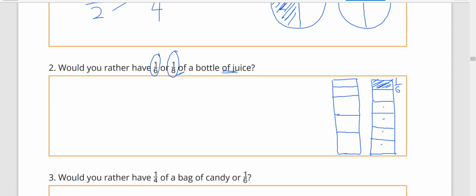Then how many parts do we have? One, two, three, four, five, six, seven, eight. Okay. Each part is an eighth.